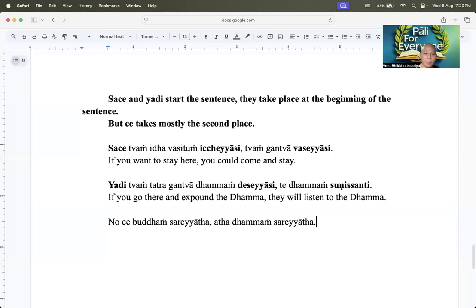In this way also. That is from the Jataka, from the Jataka we can also find that one.